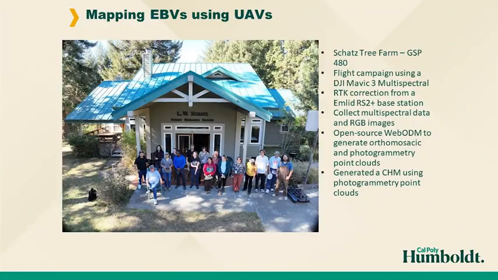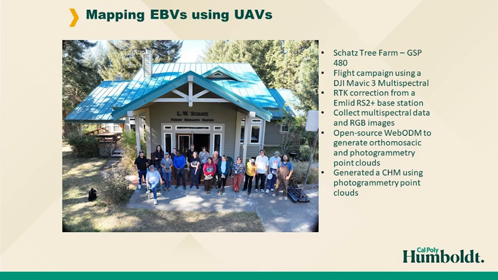And the other project that I've been doing is with my class that I'm teaching now, a class called GSP 480, which I started teaching this semester. We went to the same Shorts tree farm over a weekend with about 20 students, and we flew a drone.